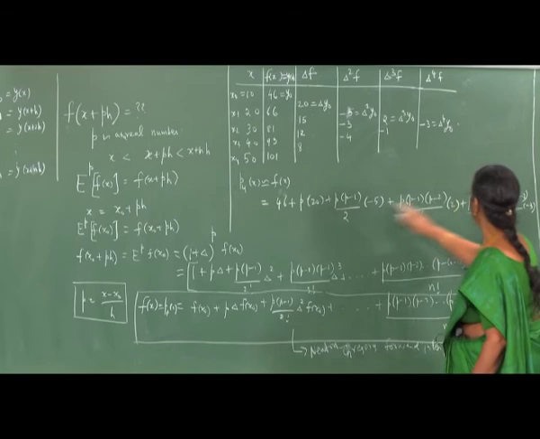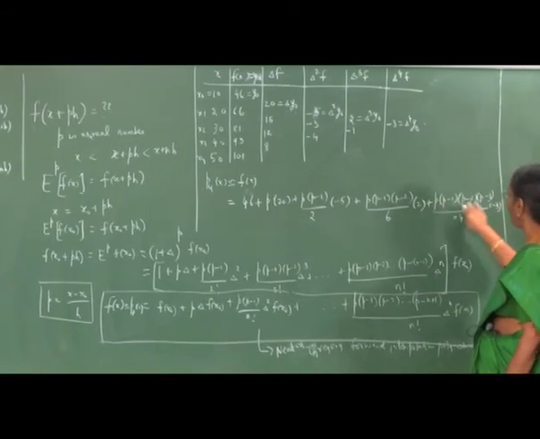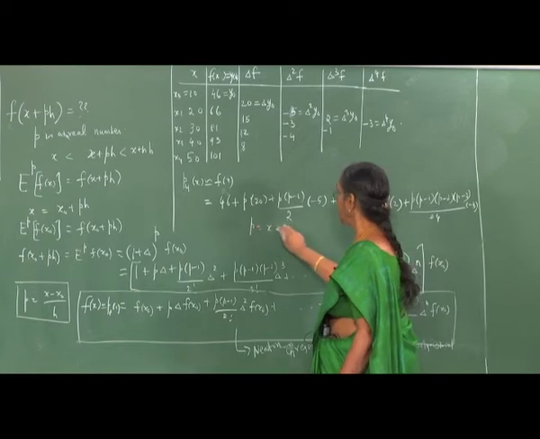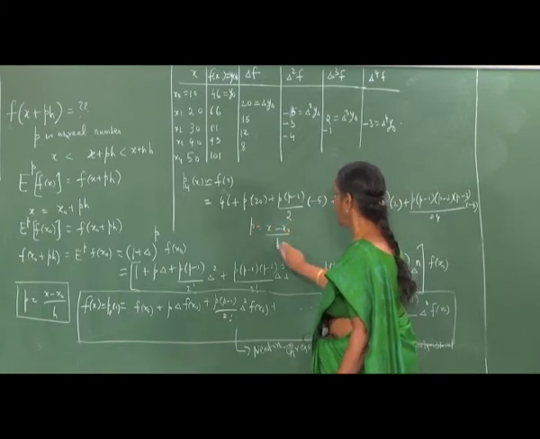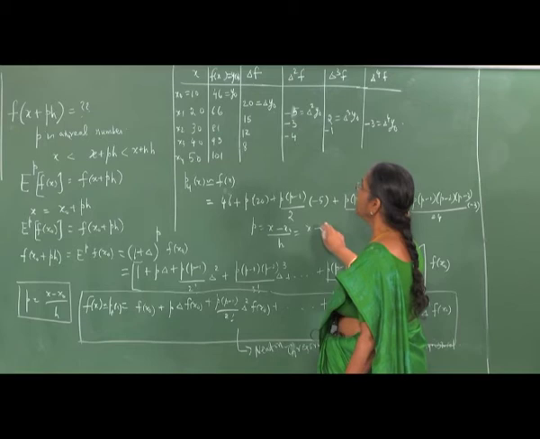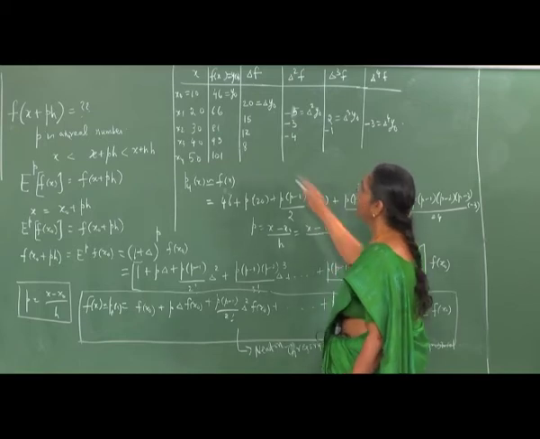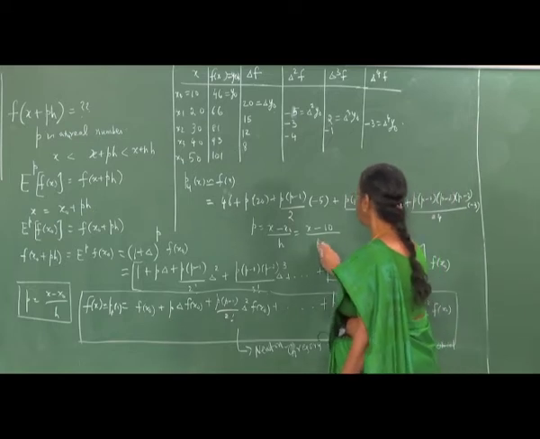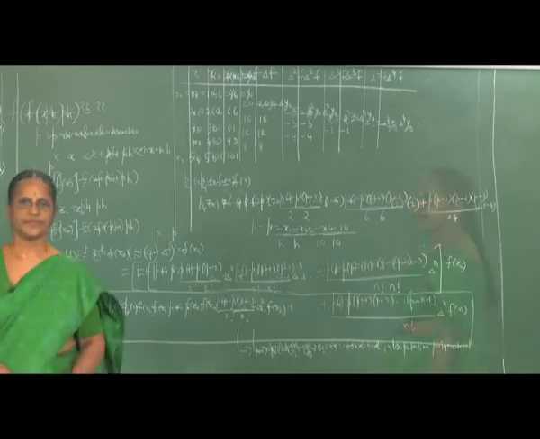So, this is a polynomial of degree 4 in p, where p is equal to x minus x naught by h. So, x minus x naught is 10 and h is the difference between any two successive values, which is again 10.